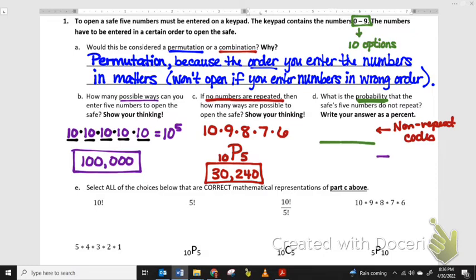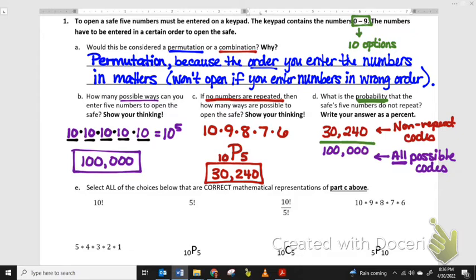All possible codes go down here. So 100,000 would go into the denominator, 30,240 would go into the numerator. That's exactly correct. 30,240 goes in my numerator. 100,000 would go in the denominator.